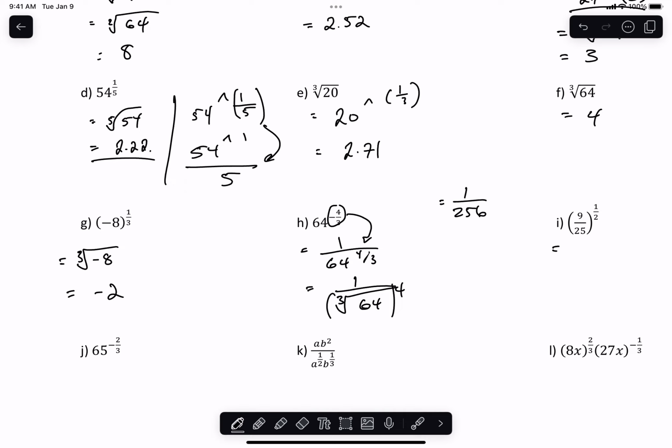That exponent needs to go to the numerator and the denominator. So let's just look at what that does. I get 9 to the 1/2 over 25 to the 1/2. We've discussed already a number of times today, what does anything to the power of 1/2 mean? It's the square root. So what's the square root of 9 and the square root of 25? 3 and 5. So your answer here is going to be 3/5.